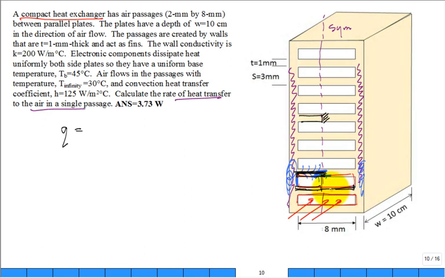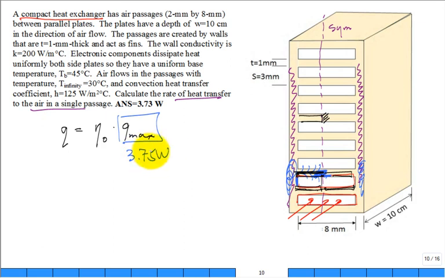Then I have another half of a fin, another half of a fin. But anyway, I have to calculate the overall efficiency of this finned array. I multiply that by the maximum as if the whole thing was at the base temperature. Every piece of the fin surface and base was at the base temperature. We just solved that.